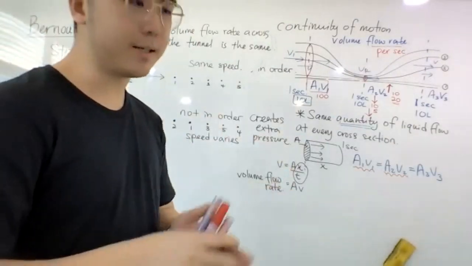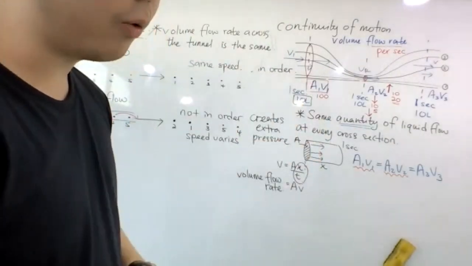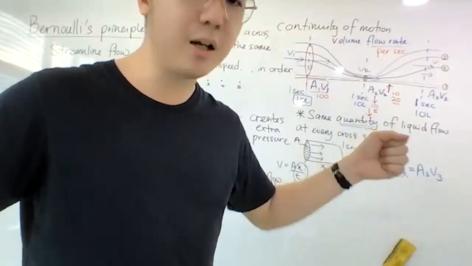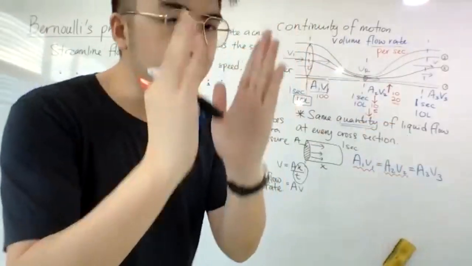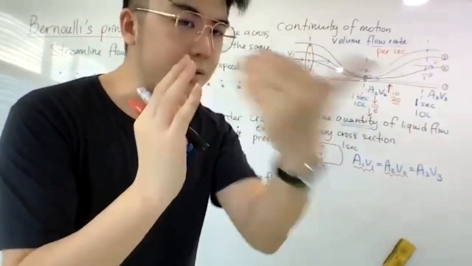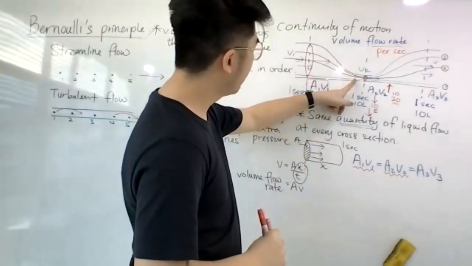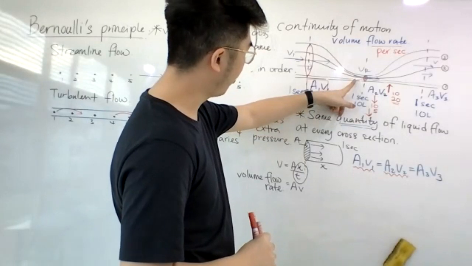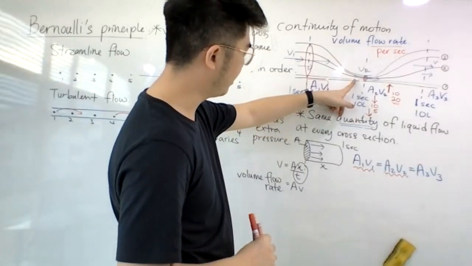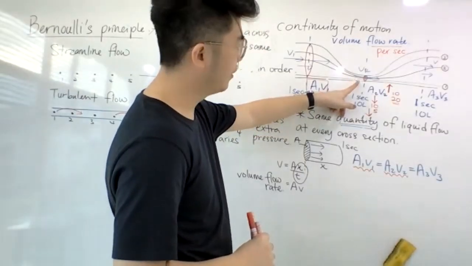You may have noticed this in narrow hallways, or maybe you simply close the door, and in this narrow hallway you can feel that the wind speed is very fast. It's because of this principle here, the principle of continuity of motion.